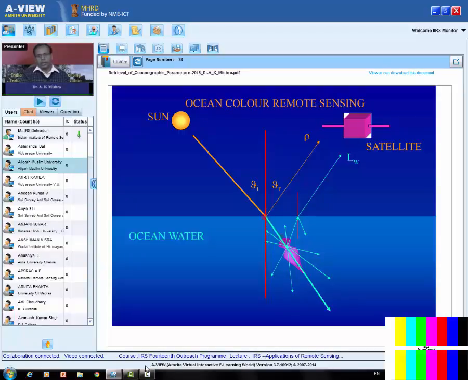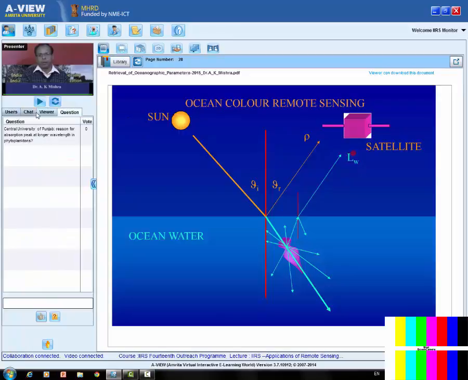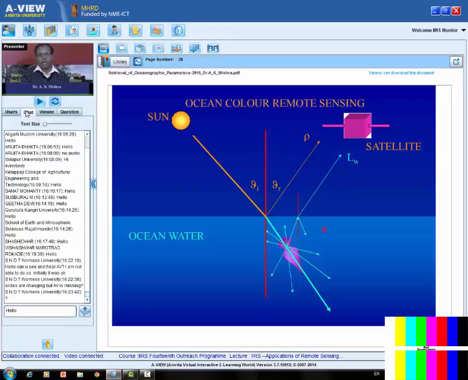Then the remaining light which is entering into the ocean water is absorbed and scattered by the water medium. Then the backscattered light is refracted towards the sensor, which is known as Lw, water leaving radiance, which is an important parameter which contains information about the water quality parameters.